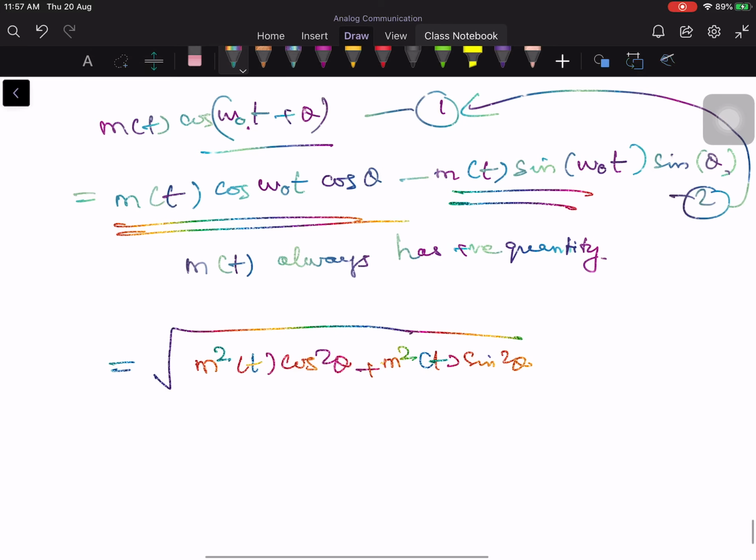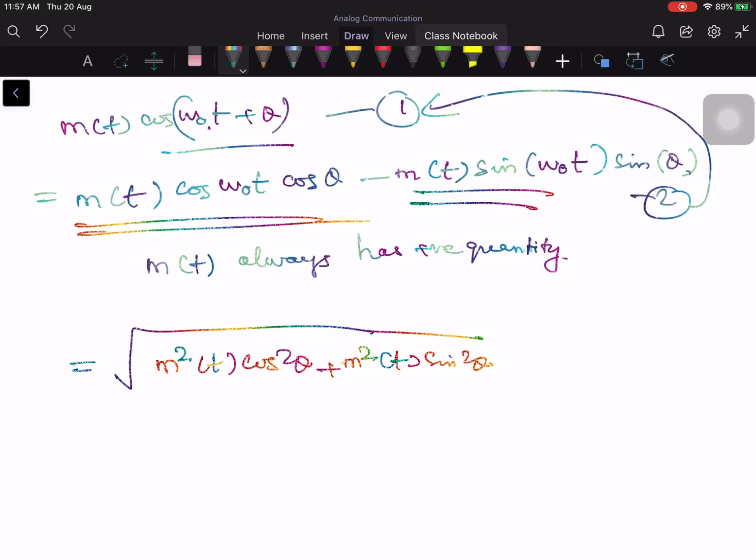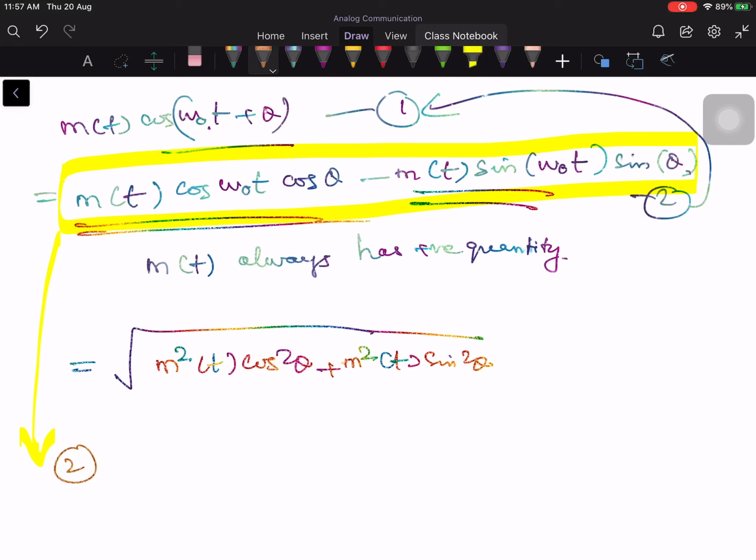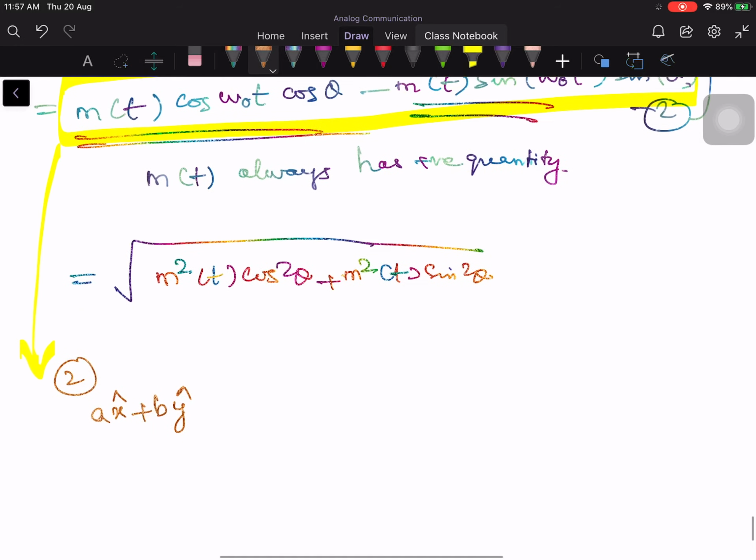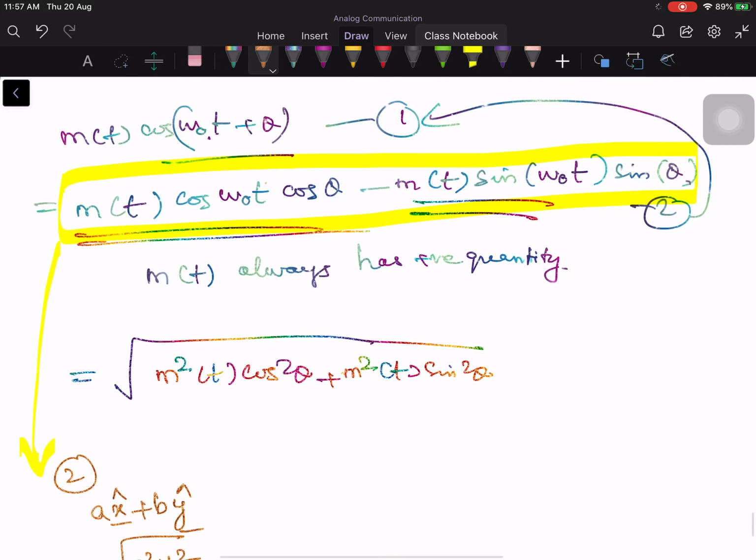Because you take this equation 2, like suppose you have a x hat plus b y hat. What is the amplitude or magnitude of this? Square root of a square plus b square, right? So instead of x hat and y hat, we have cos omega naught t and sin omega naught t.